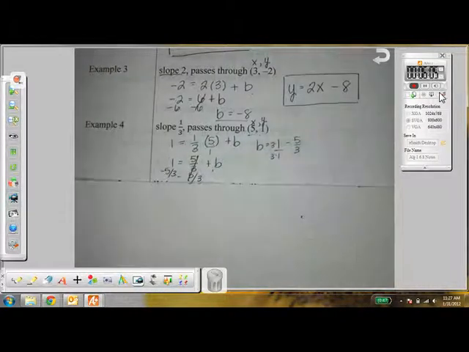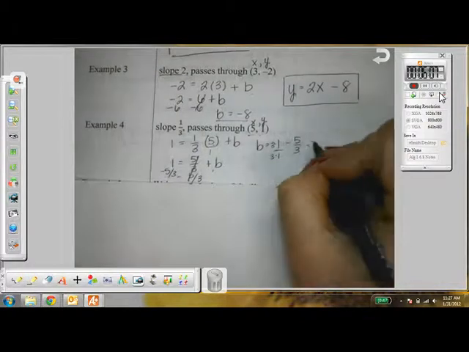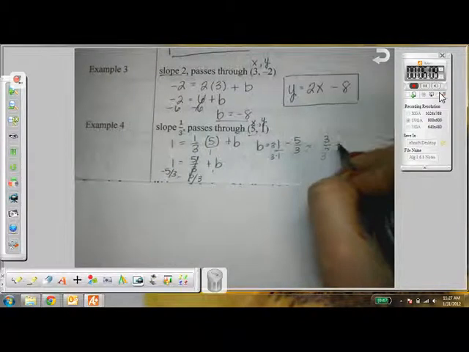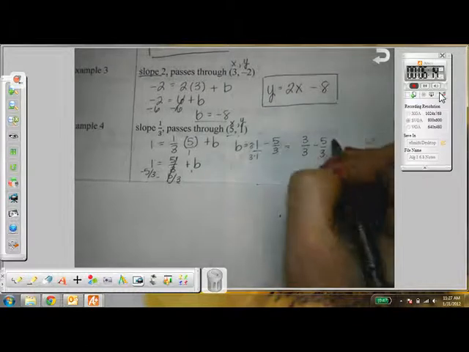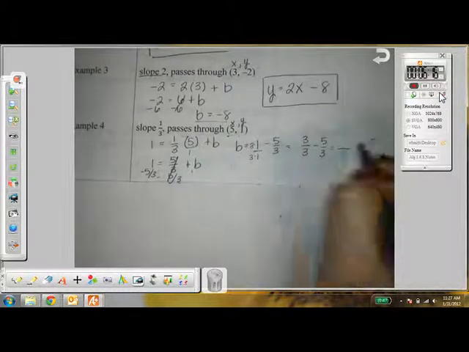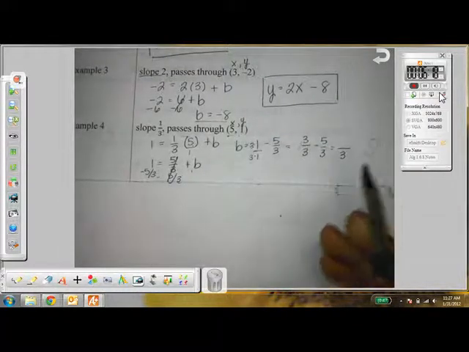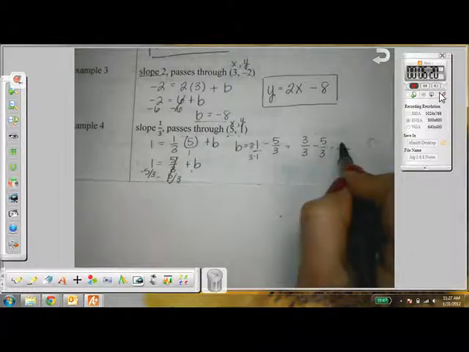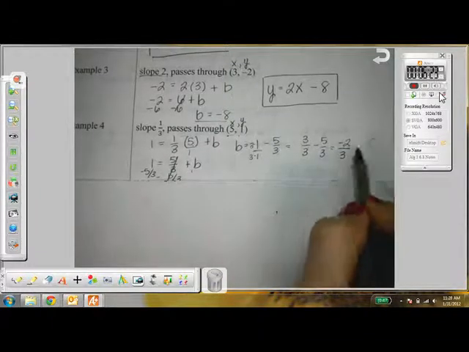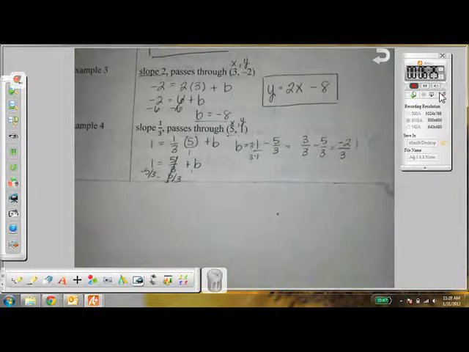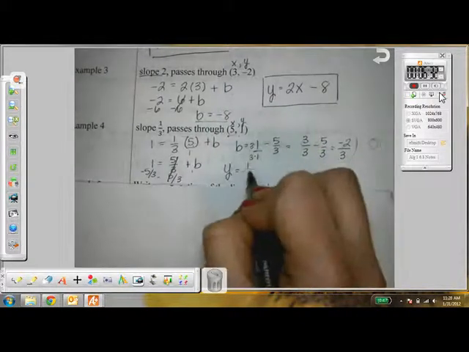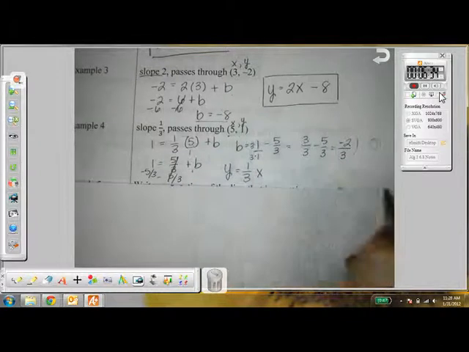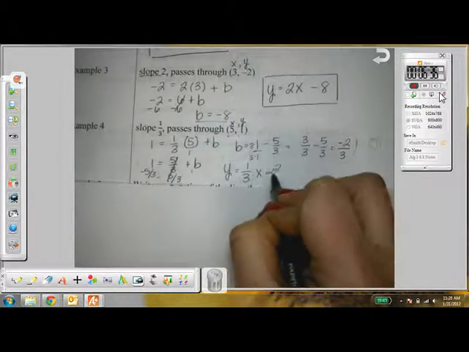Multiply by 3. So this is the same as 3 over 3 minus 5 over 3. And I get to keep the denominators, right? And then what's 3 minus 5? Negative 2. So this is the b here, negative 2/3. So what is my equation? Y equals 1/3 x minus 2/3. Yep.